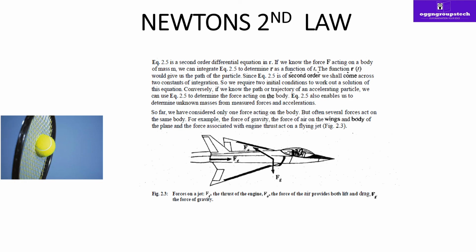This is just an example which shows that the plane, a person who is driving a plane, so it doesn't have only one type of force. It can have n number of forces on this. So in this case, we are having three forces which are being acting on this jet.